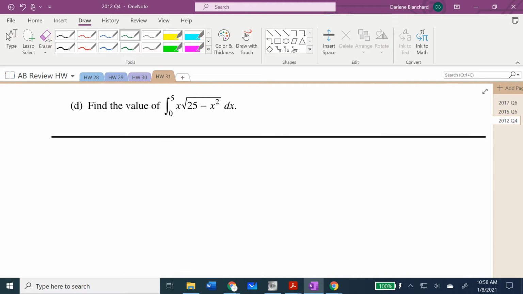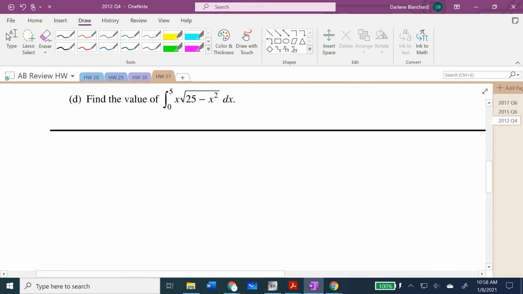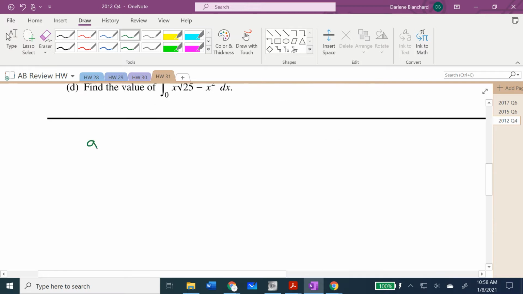For the definition of being continuous, and I'm going to use the name of this function while I'm at it, g of that x coordinate must be defined. But you're going to have to show that it is.